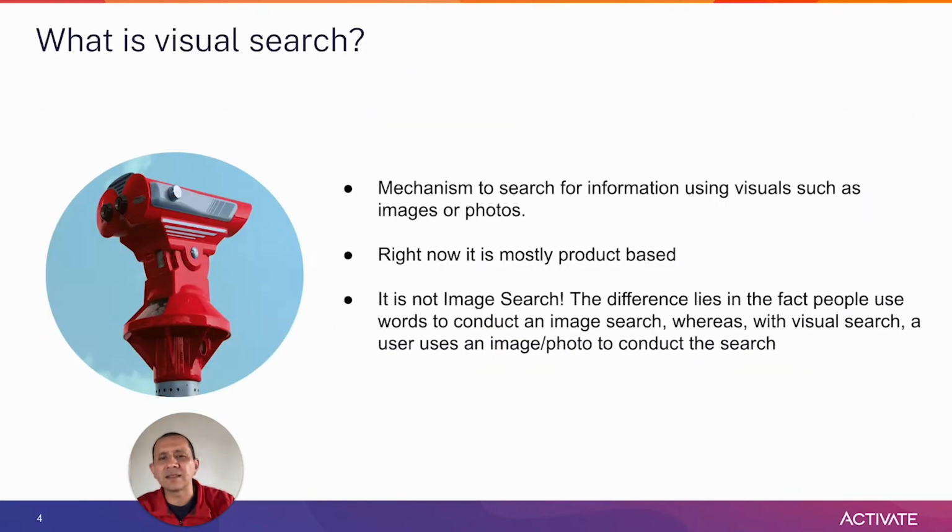But what is it? Visual search is a mechanism to search for information using visuals such as pictures or images or even videos, but we're not going to talk about that today. At the moment, visual search is mainly used for product search.